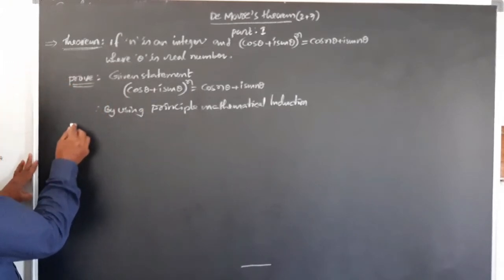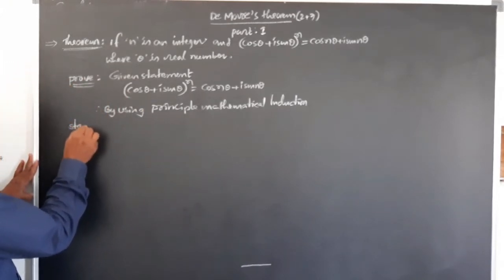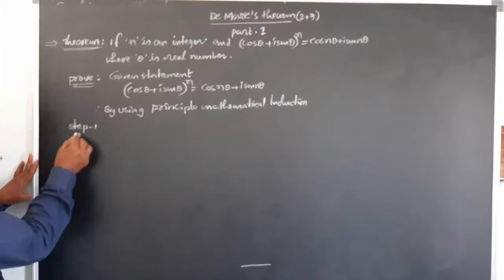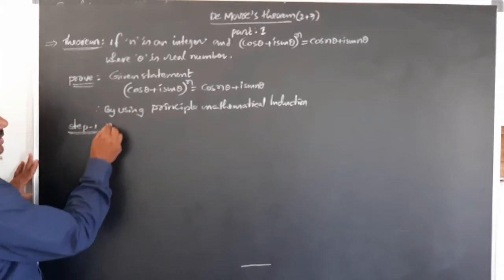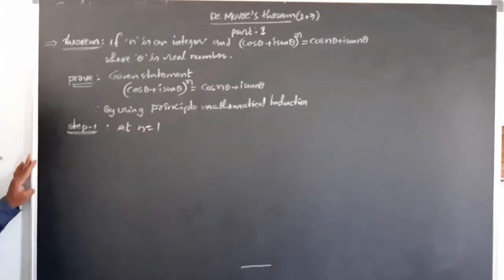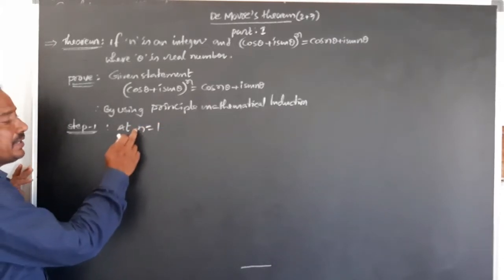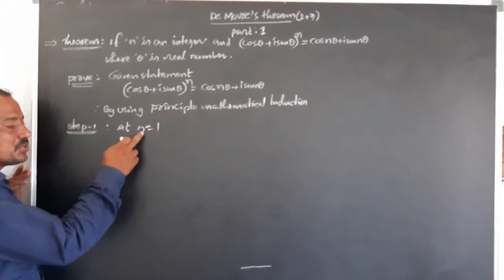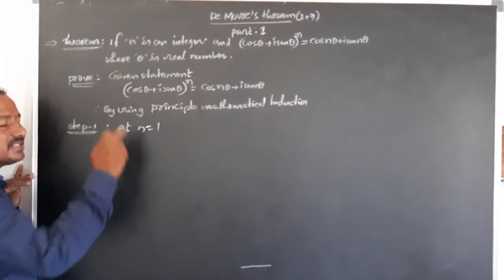So by using step 1, at n equals 1, first solve the problem at n equals 1. Substitute this value in the given statement.